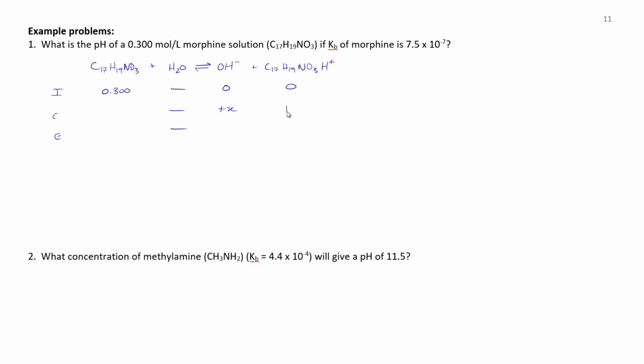Plus X, minus X, and then at equilibrium, we're at my equilibrium law, which is OH minus times C17H19NO3H plus, all over the equilibrium concentration of the morphine.